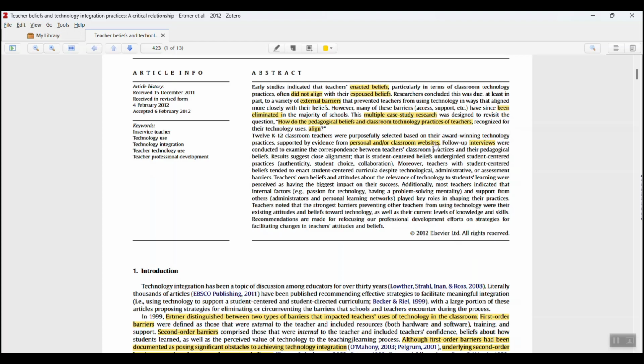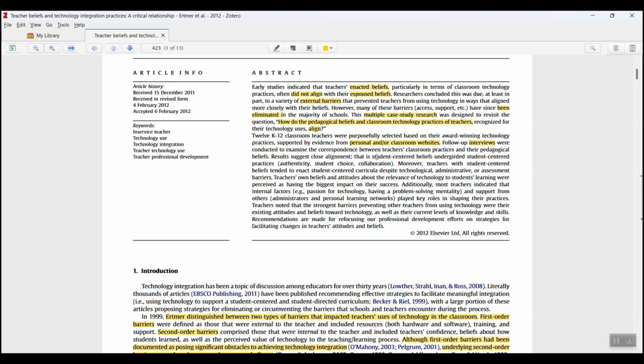And the website's content reflect the enacted beliefs, which are the technology integration in classrooms, while the interviews express more about teachers' espoused beliefs.